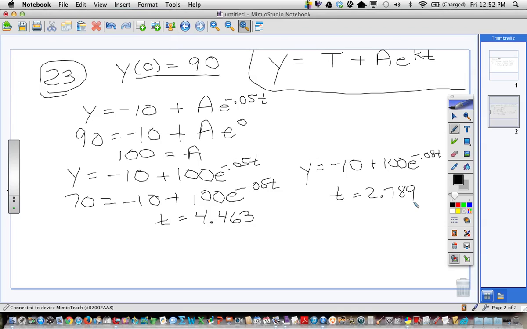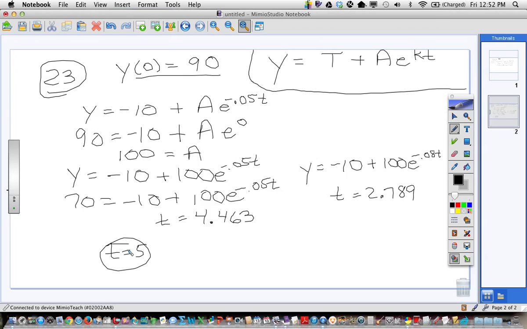Okay? All right. So then when you go to the outside, well, no, then there was a second question. After 5 minutes, right? Well, there you don't even need to solve. All you do there is take your equation, put a 5 right there, right? And so after 5 minutes, his was down to, what, 60-something? 67-something, and then hers was down to like 57-something, or 56 point something, somewhere in that neighborhood, okay?